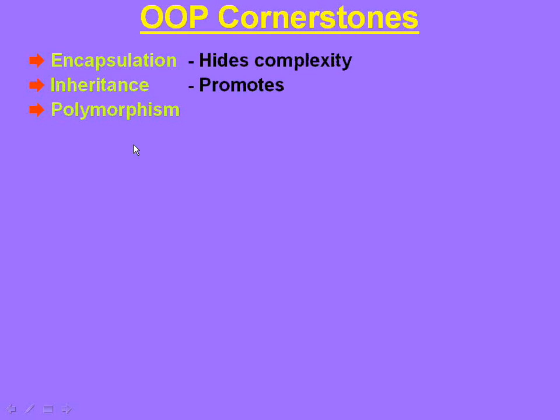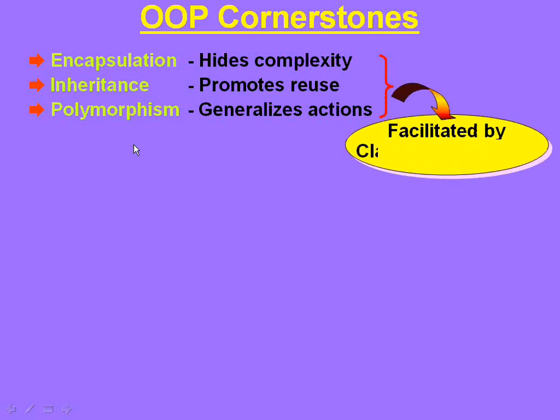Inheritance means reuse of the code, and polymorphism means generalizing of actions. And all these we are going to facilitate with the help of two entities, class and object.